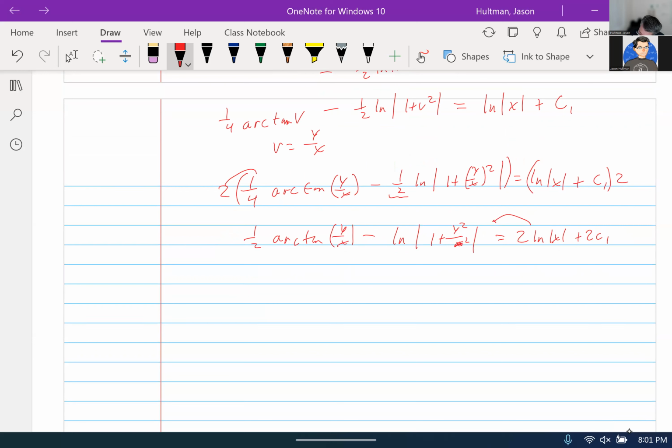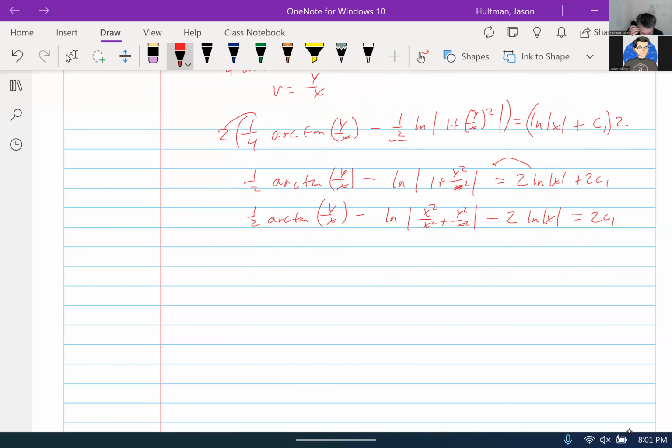So the next line is 1/2 arctangent of y over x minus natural log of, I'm going to create a common denominator here, x squared over x squared plus y squared over x squared, minus 2 natural log of x is equal to 2c1, and next line I'm going to call that c2, or just c at the very end, because that will be my constant.